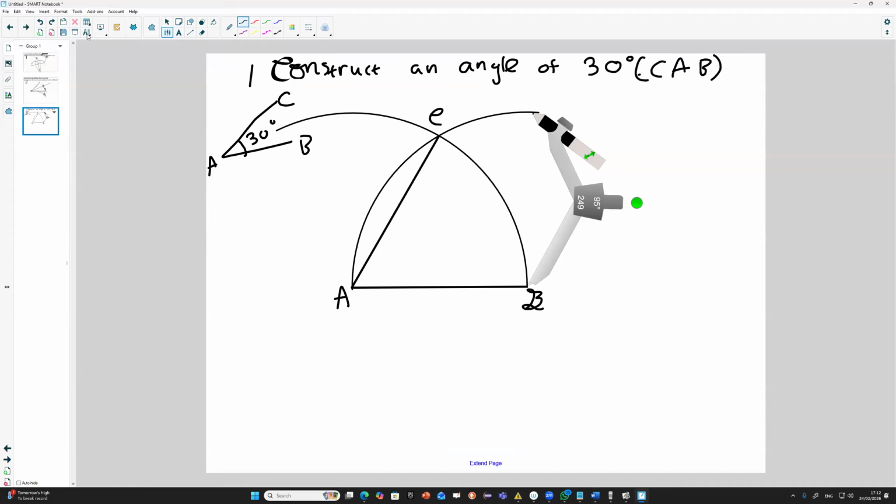So I'm going to get my compass back. You put your compass on A, we open it up. Doesn't matter how far. We draw an arc. Then we do the same thing on the line AC. You put your compass onto one of the arcs that you just made, where it hits the line, and you draw another arc. Then leaving it at the same level, we go to the other arc and draw another arc that will intersect that one.